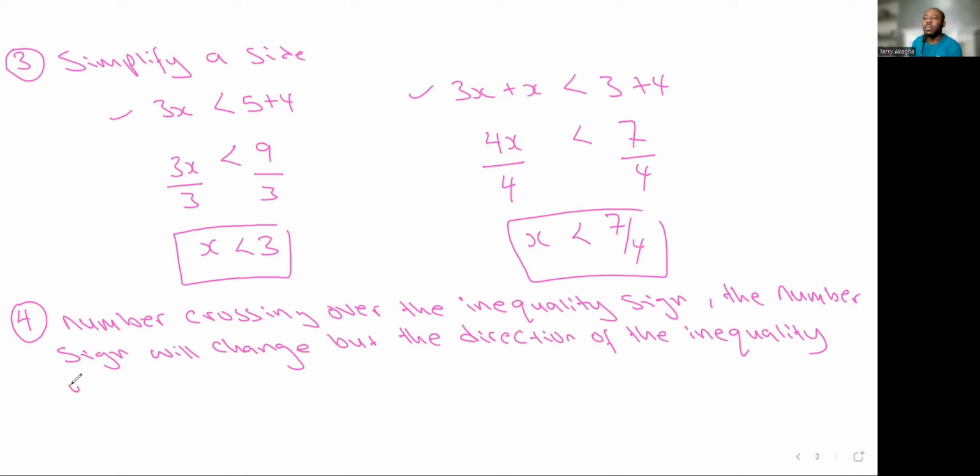Okay? So that means when a number is crossing over, the sign of the number will change, but the direction of inequality will not change.